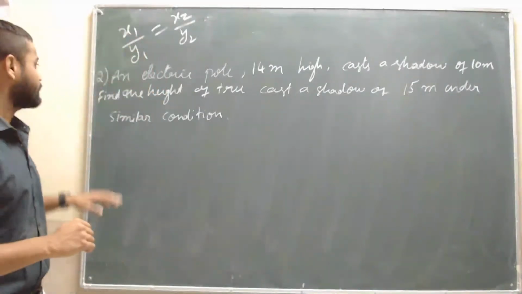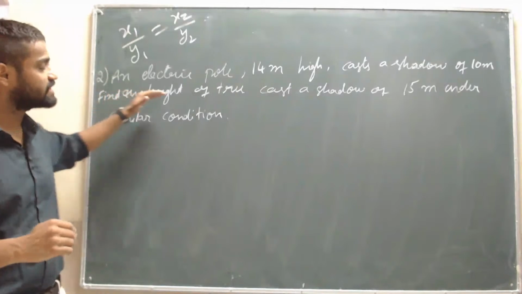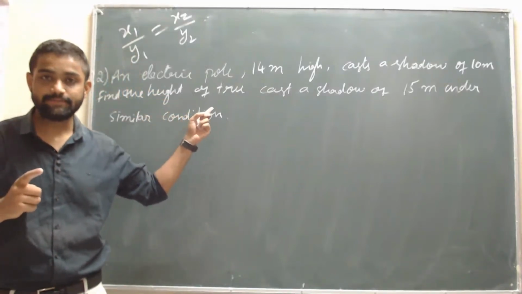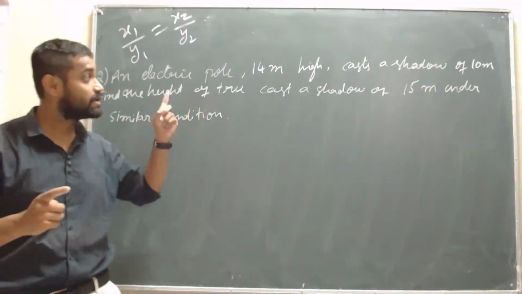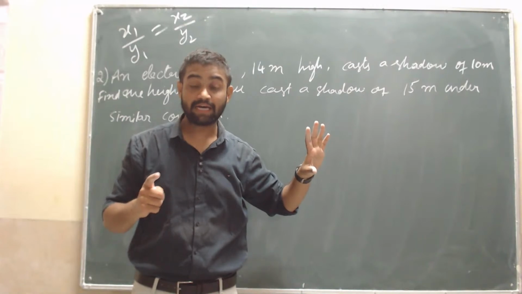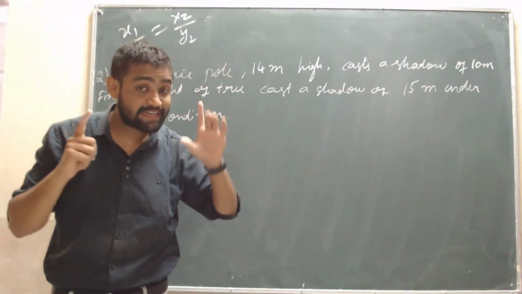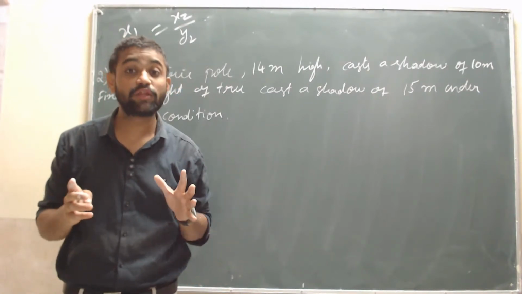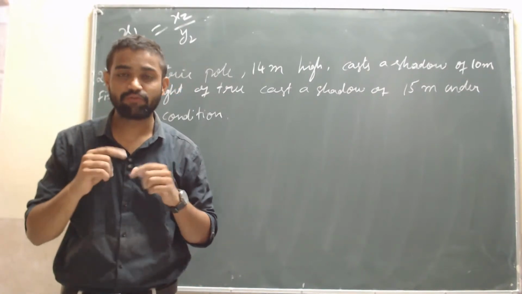As well as here we have to find out the height of the tree. The tree is giving a 15 meter shadow, and we don't know the height of that tree. That one we have to find out.